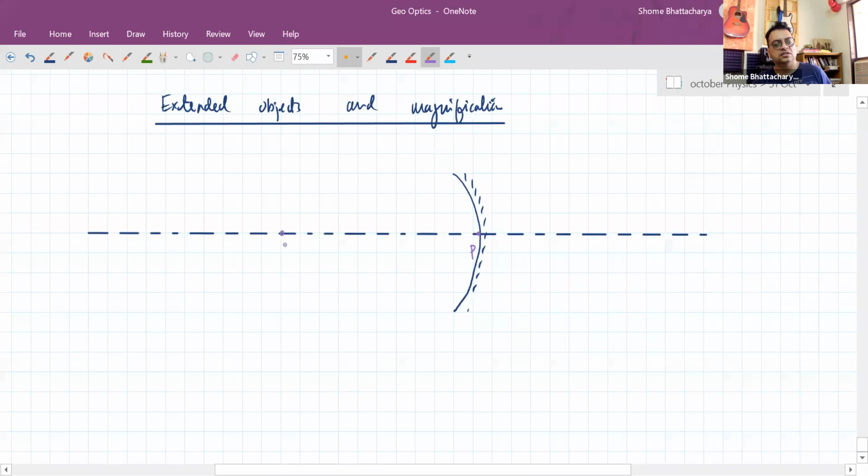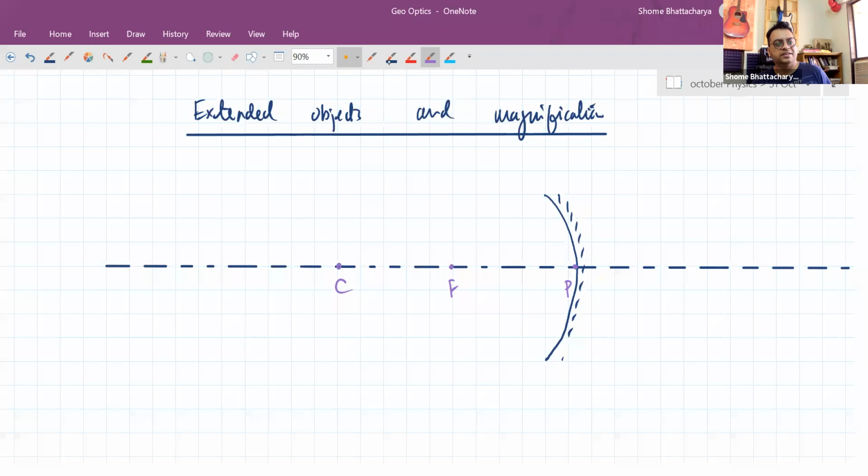So let's say this is the center of curvature and this is the focal point. Now we consider an extended object like this. Let's here, for example, consider an object AB like this.